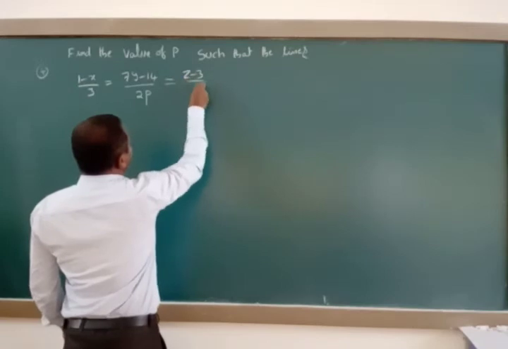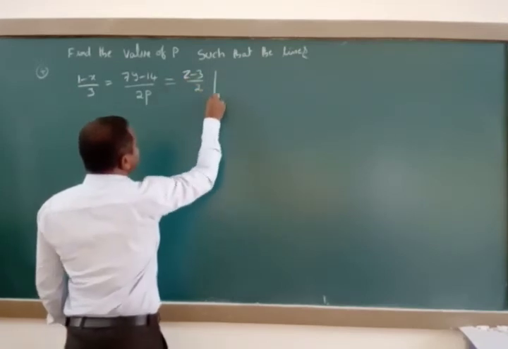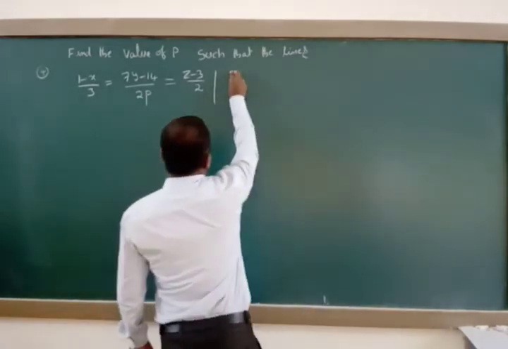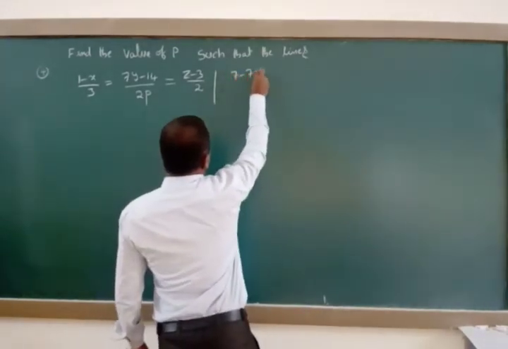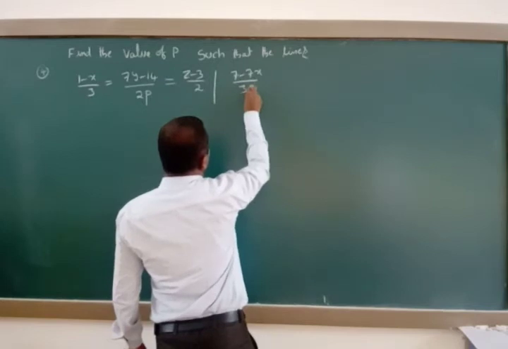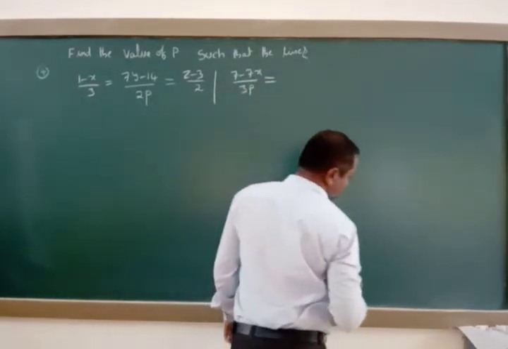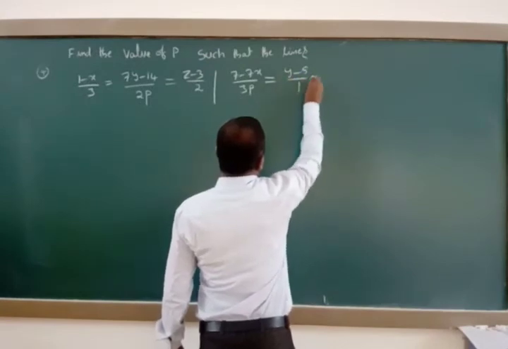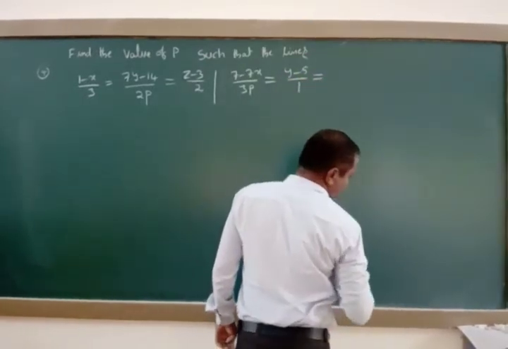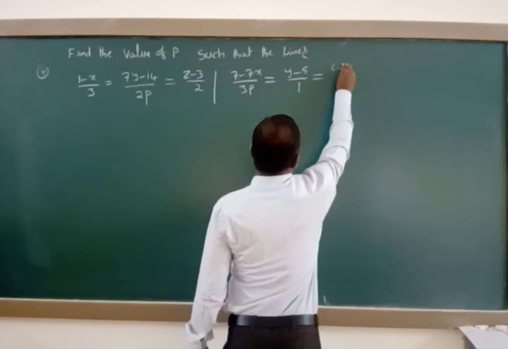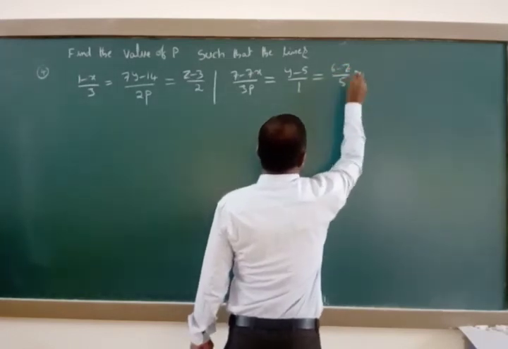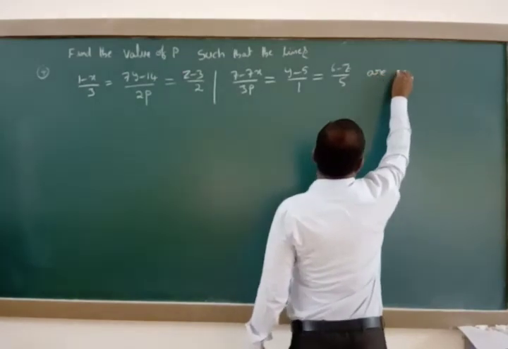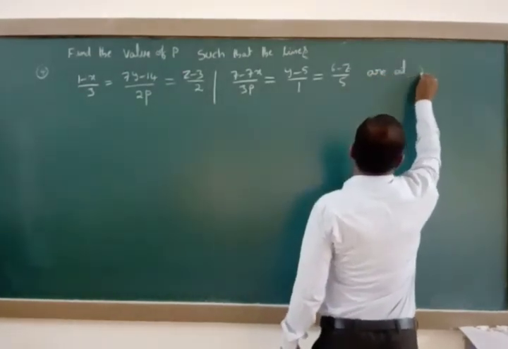Another line is (7 minus 7x) by 3p is equal to (y minus 5) by 1 is equal to (6 minus z) by 5, are at right angles.